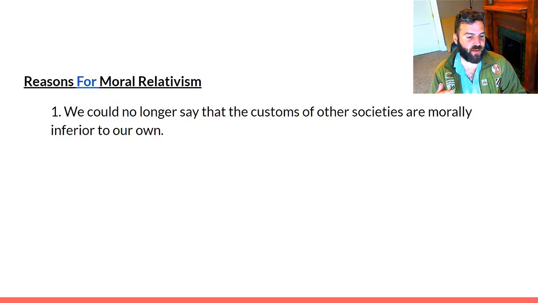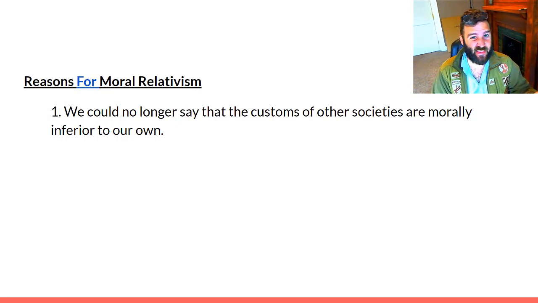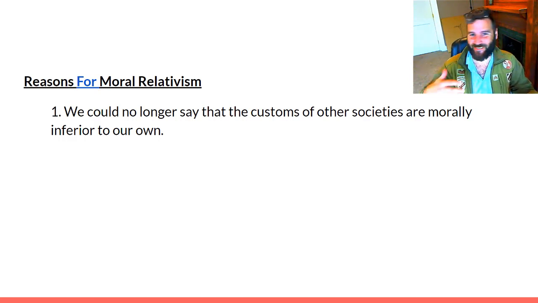We can no longer say that the customs of other societies are morally inferior to our own. The moral relativist thinks that that's a good thing, because it means that we're being more tolerant and we're not going around judging other societies. That's good for relative matters, when we're talking about whether women should wear tops and not bare their breasts, because that's the sort of thing we shouldn't be going around judging other societies for. That's a relative matter.